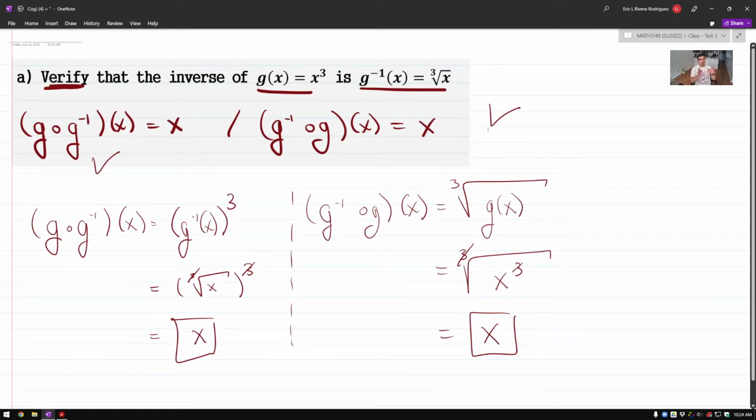There are some occasions where just one direction gives us the input back. That is not enough. If we get the input back from just one direction of this composition, then that means that the functions are not inverse to each other. To be inverse to each other, both directions need to give us back the input.